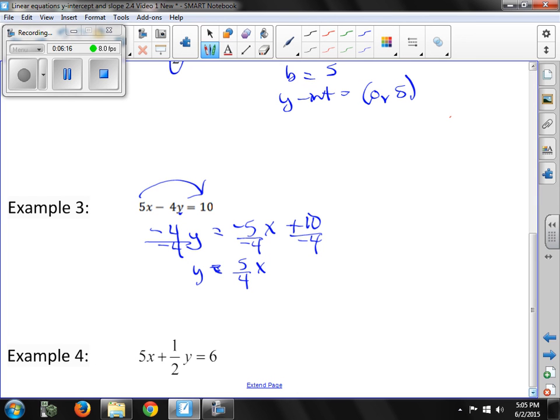A positive over a negative makes a negative 10/4. But we always need to reduce fractions to lowest terms. So y equals 5/4 x minus 5/2. If you need to use your calculator to reduce 10/4 to lowest terms, just type in 10 divided by 4 and press Math, Enter, Enter.